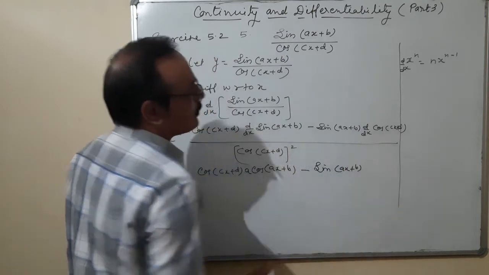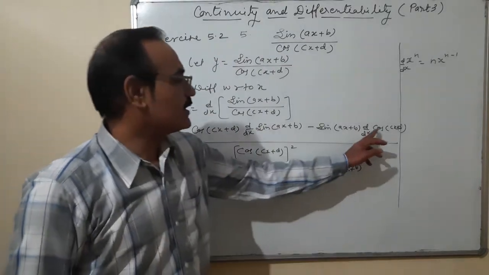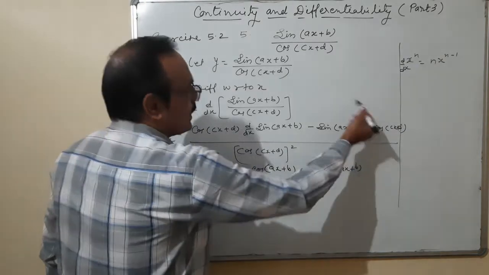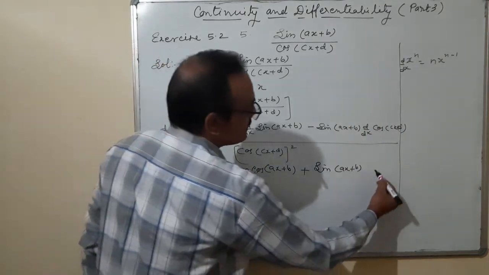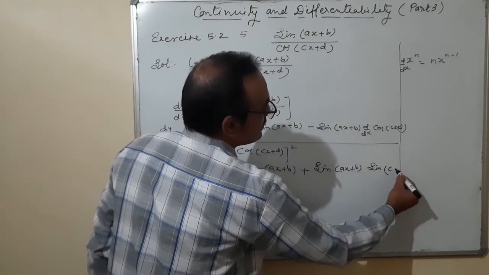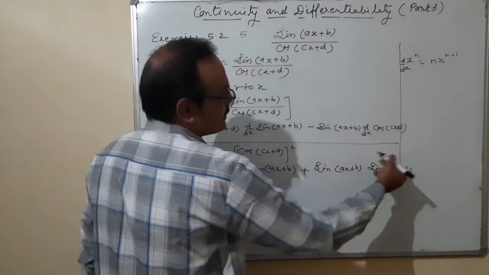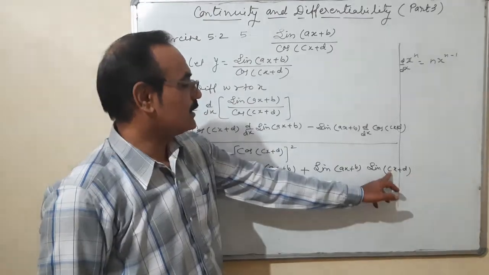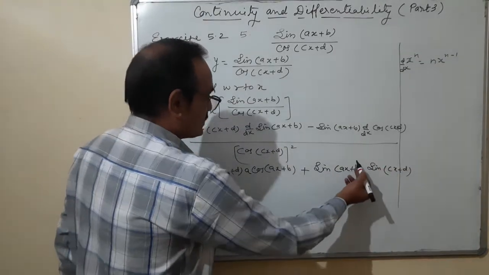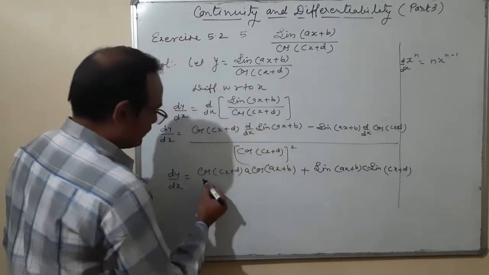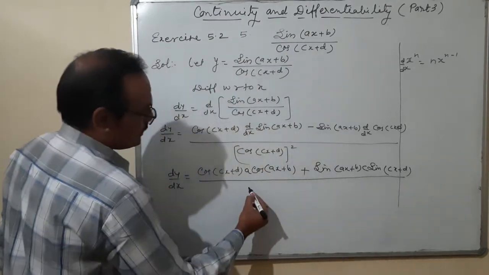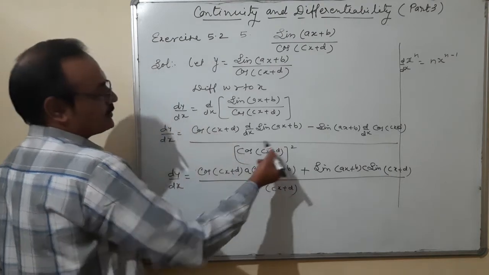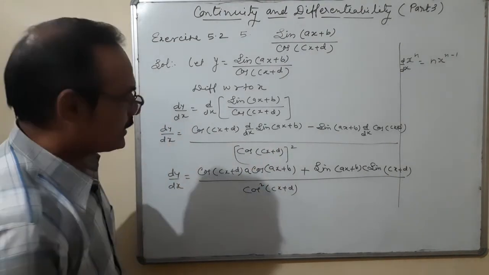and differentiation of cos(cx plus d). Again this is t, so differentiation of cos t is minus sin t. So this minus becomes plus sin(cx plus d), and differentiation of cx plus d: d is the constant term, its differentiation is 0, differentiation of cx is c. So this comes here c upon cos square(cx plus d), because cos x whole square or cos square x is the same thing.